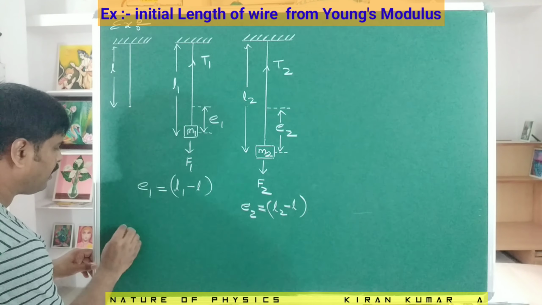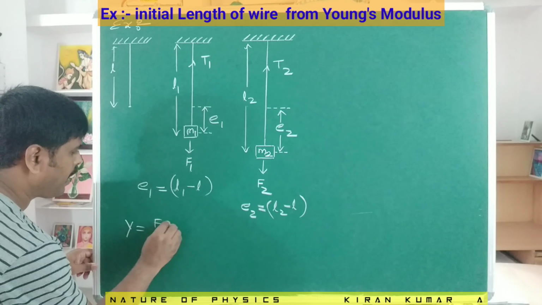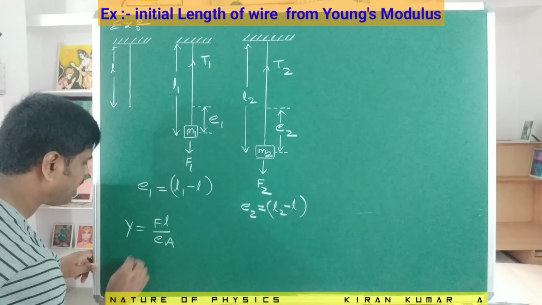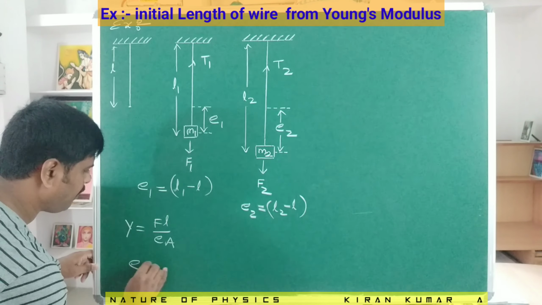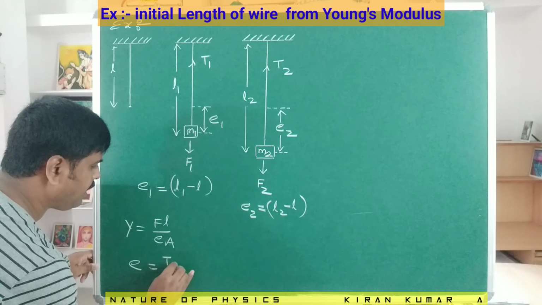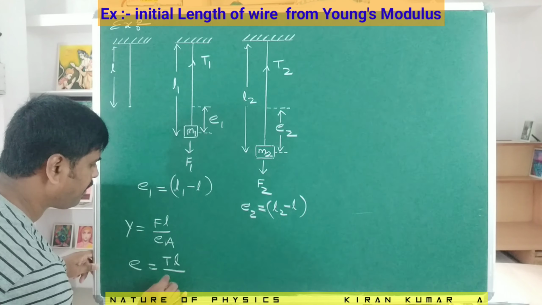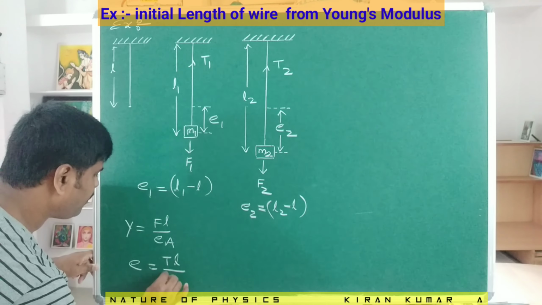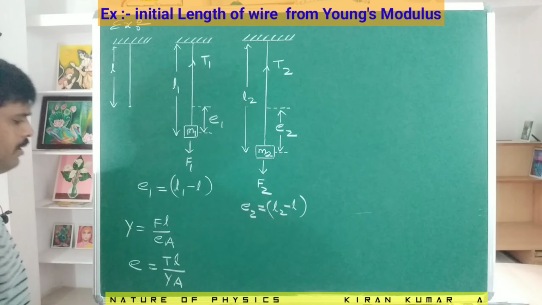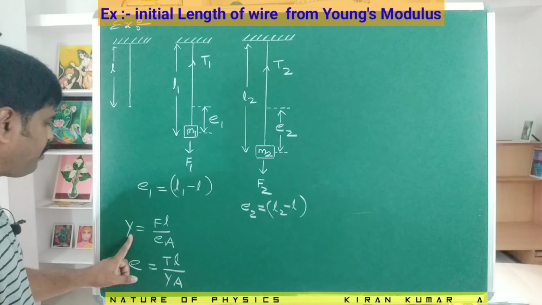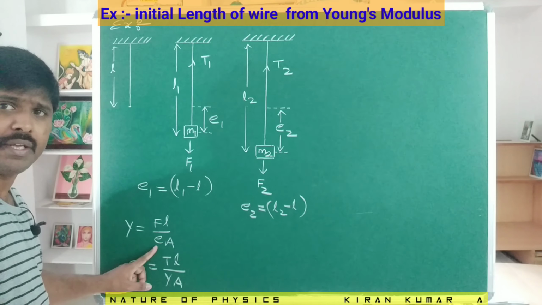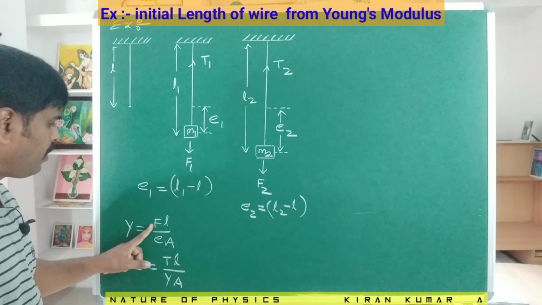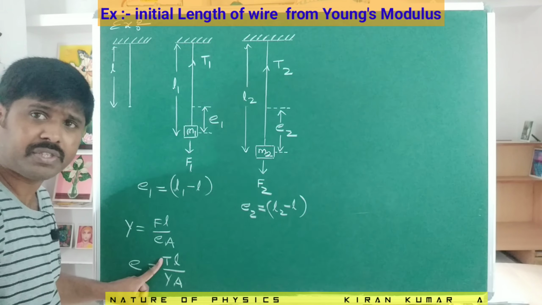So Young's modulus Y is equal to F L by E A. Rearranging this equation, E is equal to T L divided by Y into A. Just E and Y are exchanged, that is cross multiplication. Then F is written in the form of tension.